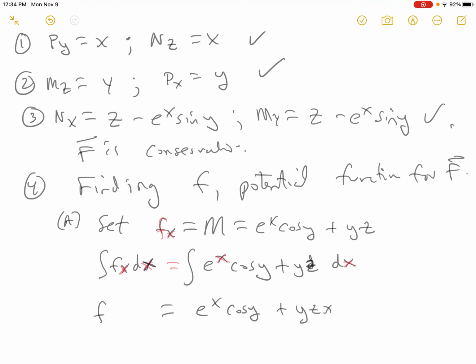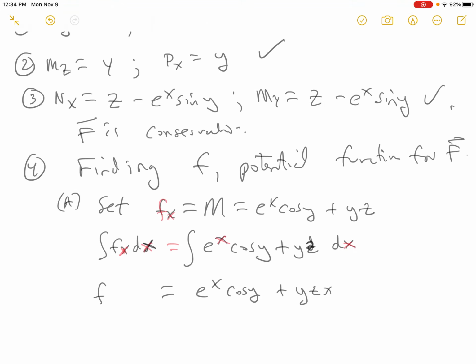And now for the part that's a little tougher to swallow. Generally, your constant of integration is an actual constant. But because we're working with partials here, you actually pick up a function of y and z. Now you need to let that marinate for a second.